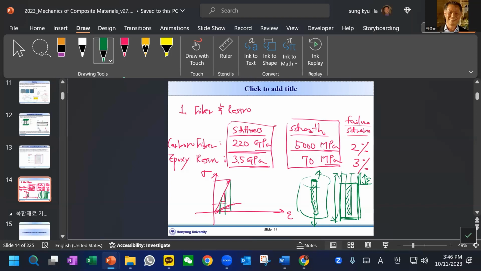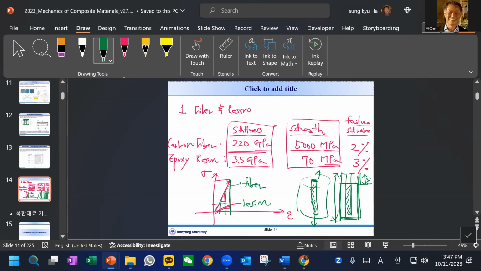So at the failure, for example fiber failure, this is the deformation. Up to a failure, usually the fiber failure, the fiber reaches this much. I mean, this is the fiber, and this is the resin.